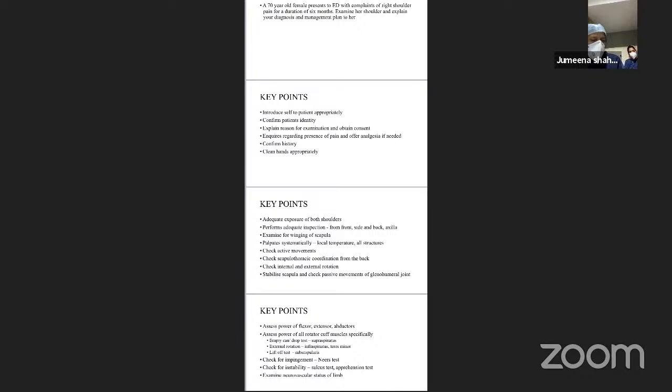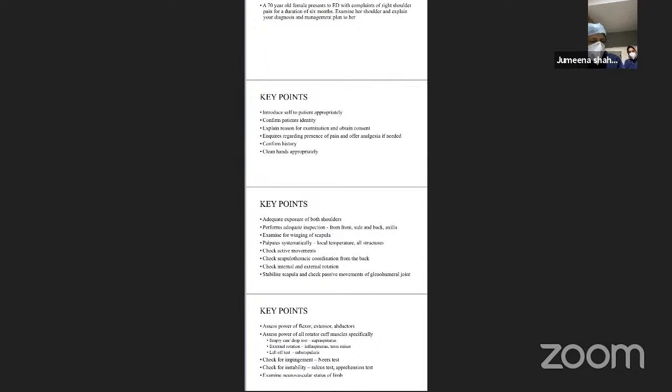Okay. Check for active movements. Check scapulothoracic coordination from the back. You will have to ask the patient to abduct the arm and see how the scapulothoracic coordination is, because abduction requires both glenohumeral and also scapulothoracic movement. So that should be done. Check internal and external rotation.